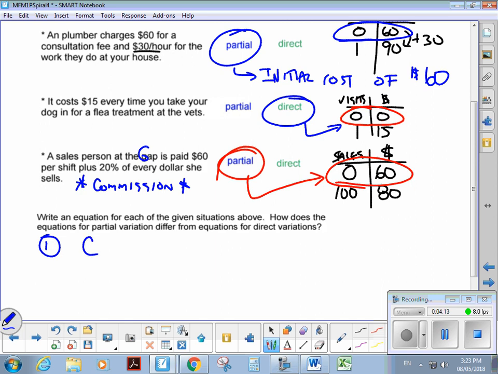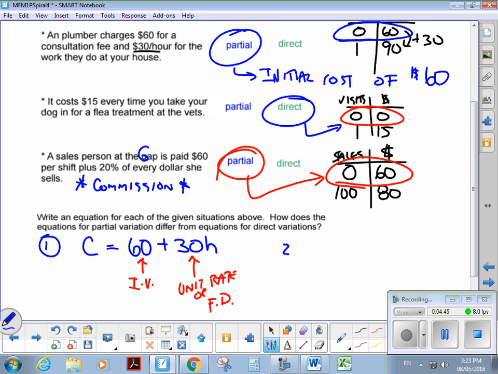Well, the cost is going to equal, I have to pay $60 to get the plumber to show up, and then every hour he works is going to cost me $30. All right, so here is your initial value. Here is your unit rate or first differences. Okay, so there's number 1.